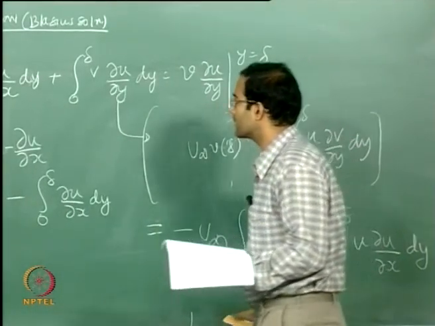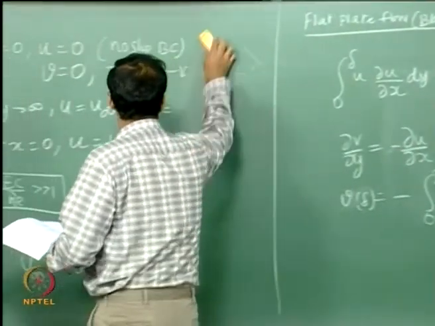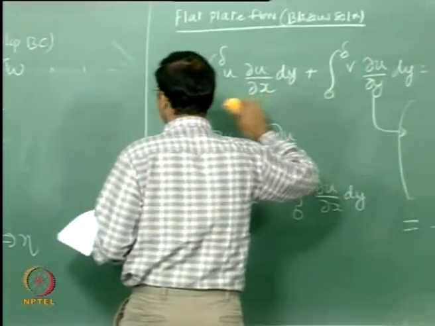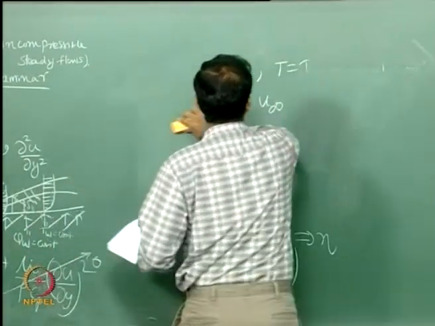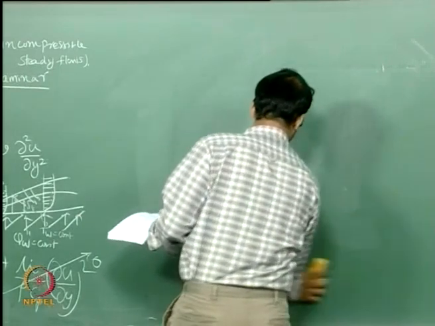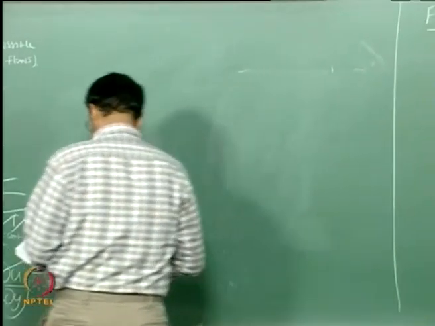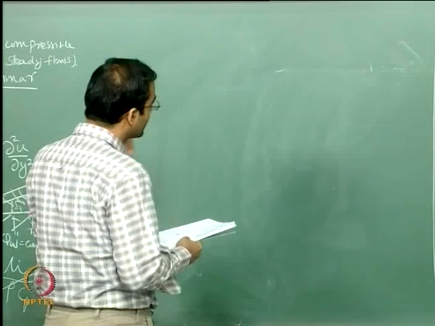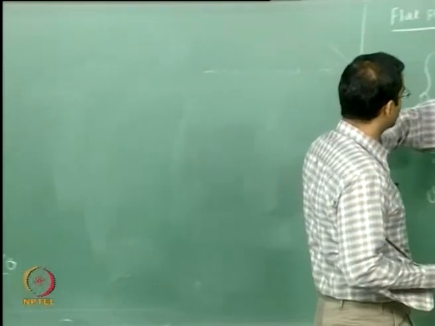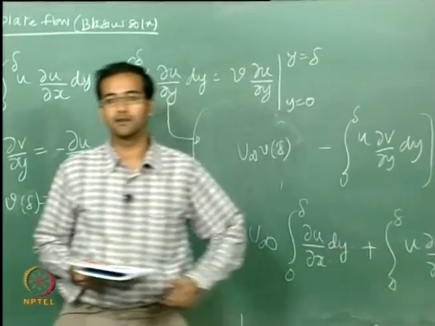So this is the resulting equation. If I substitute for this term and then write the complete equation, you have to tell me how the resulting equation should look. So already you have u du/dx, there is another u du/dx.